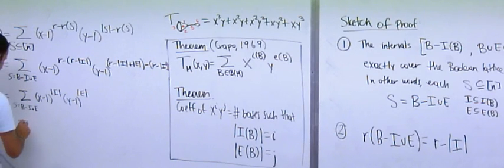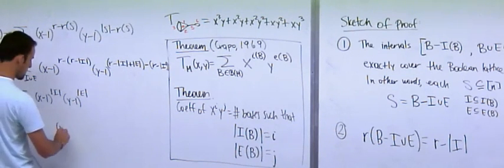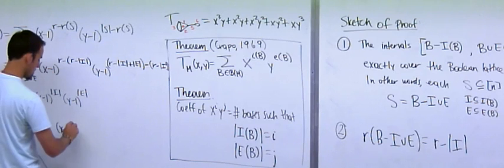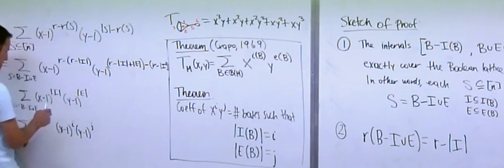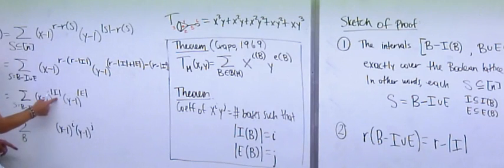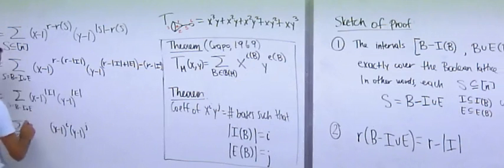And now what happens is, if I consider the terms that have a particular b in here, then how many times am I going to obtain x minus 1 to the I, y minus 1 to the j? Well, what you have to do is, out of the internally active elements, choose I of them.